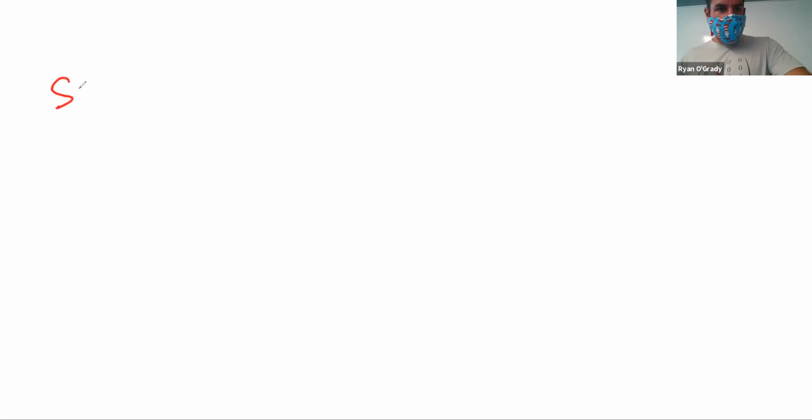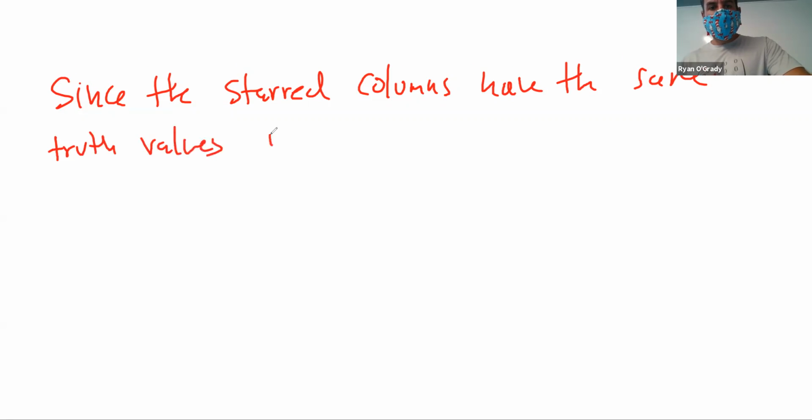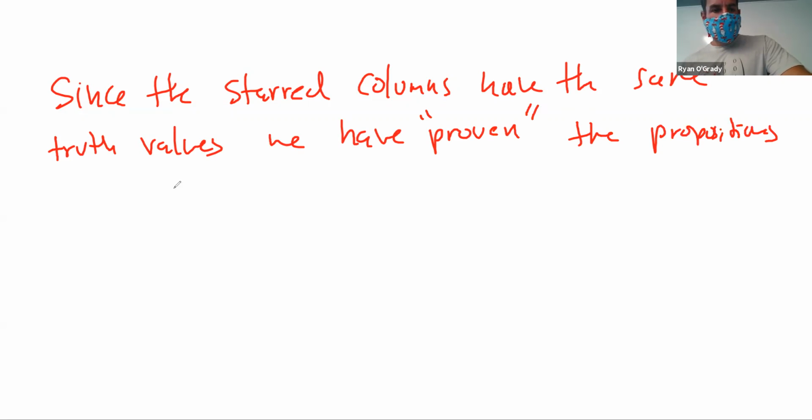We would say, since the starred columns have the same truth values, we have proven, or I shouldn't say proven, we haven't described that yet, but what we have done is show the propositions are logically equivalent.